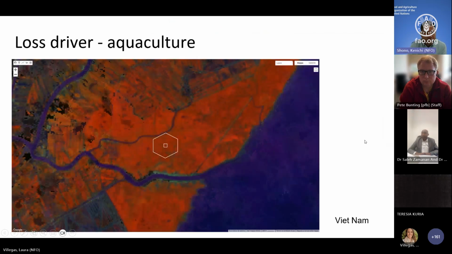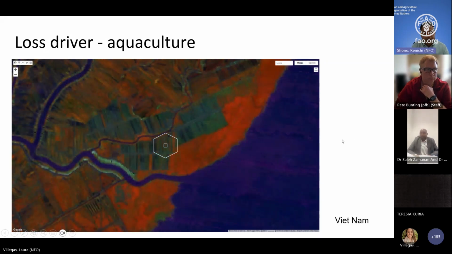I just wanted to show you what the actual interpretation of the sample plots looks like. This one is an example from southern Vietnam. This is an image from the year 2000, where you see healthy mangroves within the hexagon and the landscape. Fast forward 10 years to 2010.